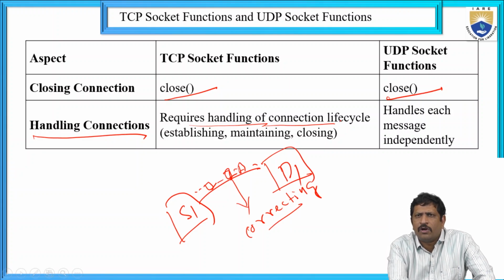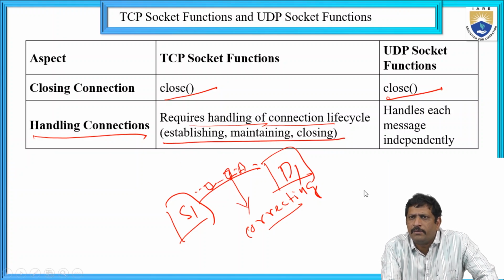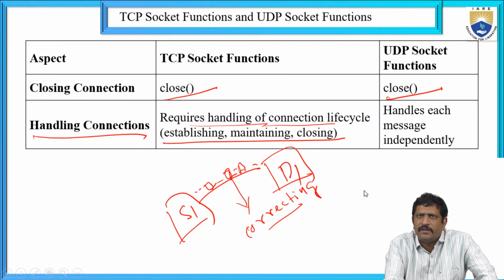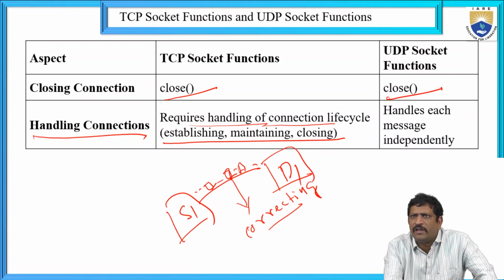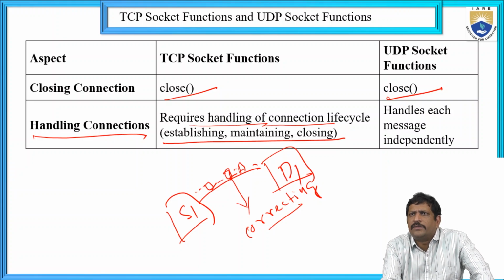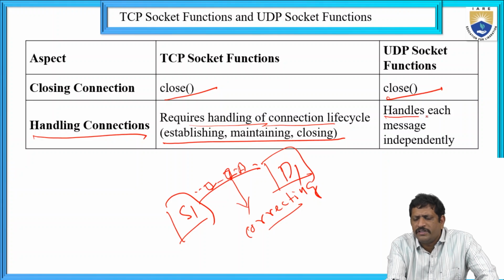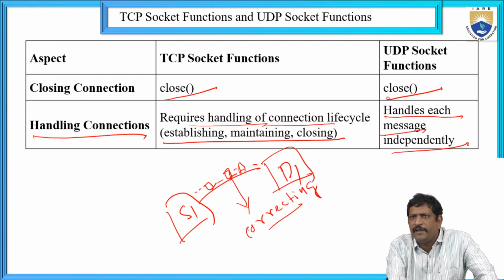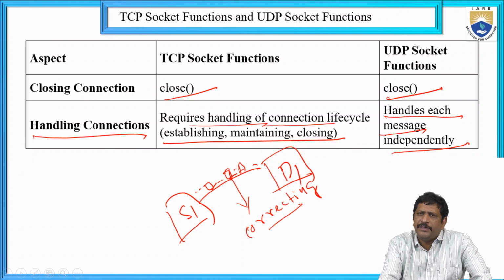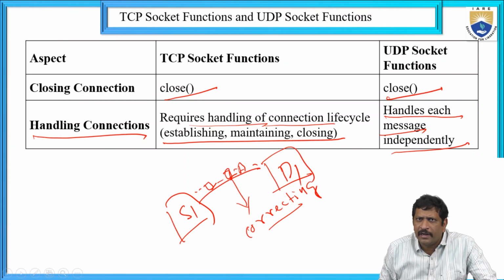That is establishing, maintaining and closing, which can be performed using TCP socket functions. In UDP socket functions, handling connections means each message is handled independently.